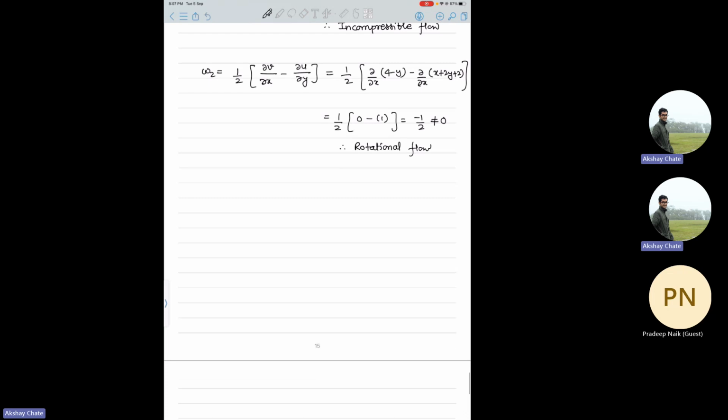So like I told you, right, this note is psi is defined for rotational as well as irrotational flows.